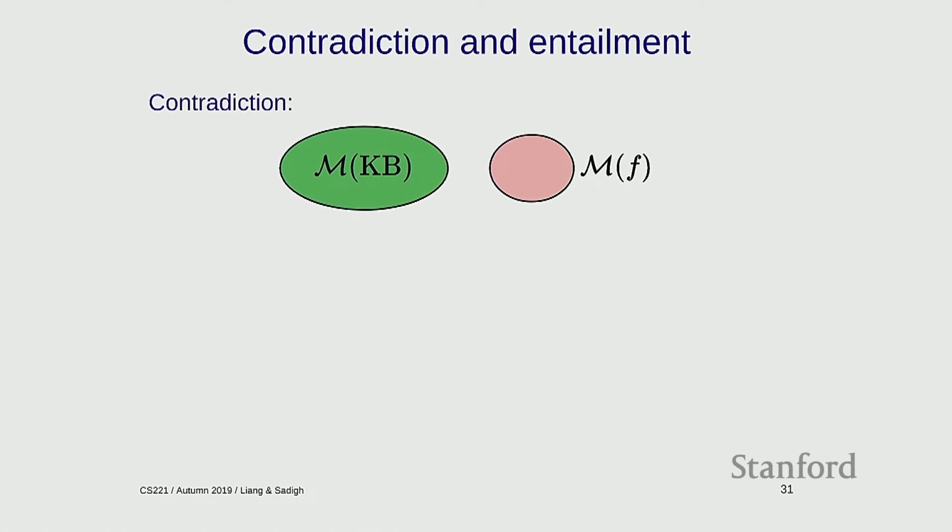Okay, so there's a relationship between contradiction and entailment. Contradiction says that the knowledge base and F have zero intersection.